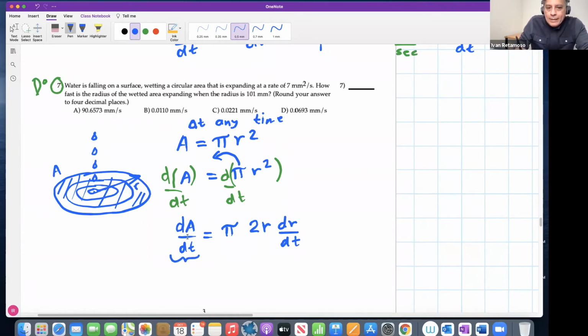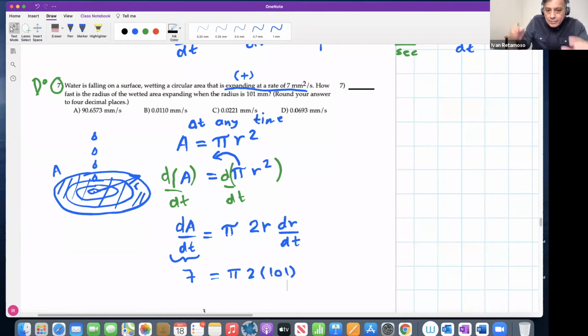We have the variation of the area with respect to time. It says here that this is expanding at the rate of 7 square millimeters per second, expanding. So positive, right? I'm going to write plus here. Look for expanding, positive. Pi times 2r, the radius, they want it to be 101, right?